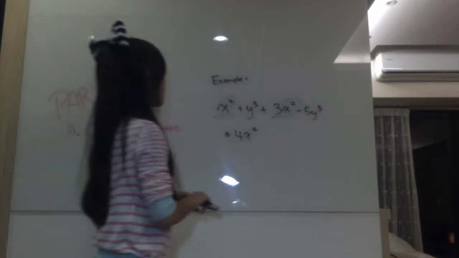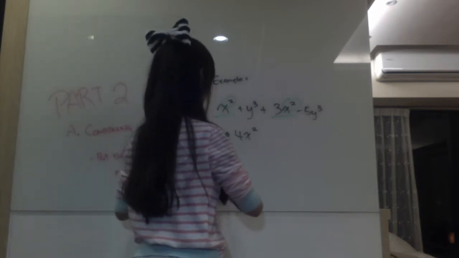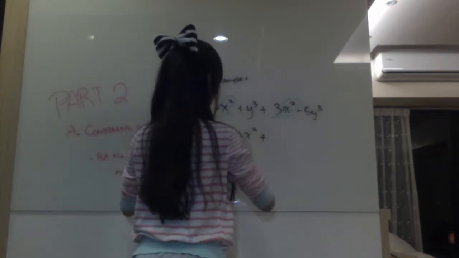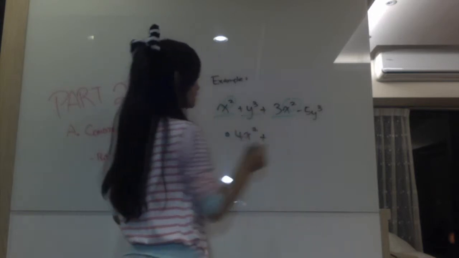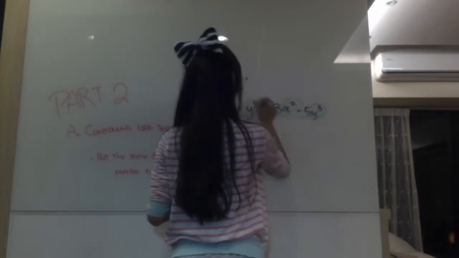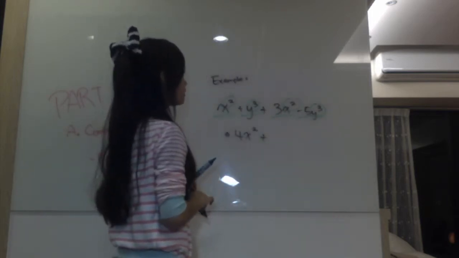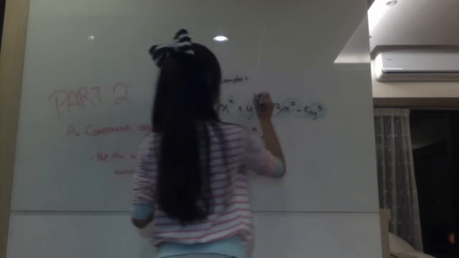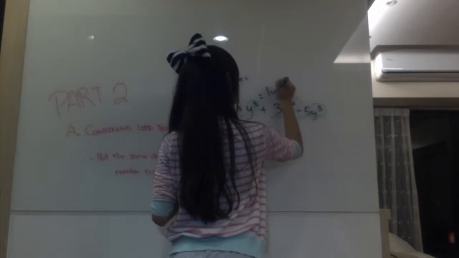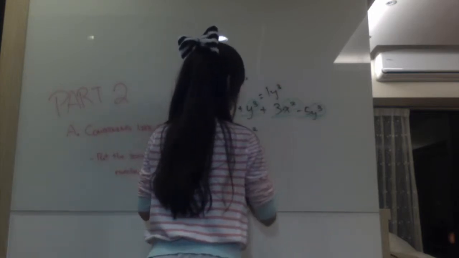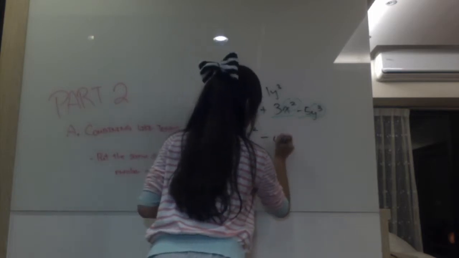And then this one y³ and this one negative 5y³ have the same degree. So we put them together too. But this one is negative. And y³ is equal to 1y³. So it will be negative 4y³.